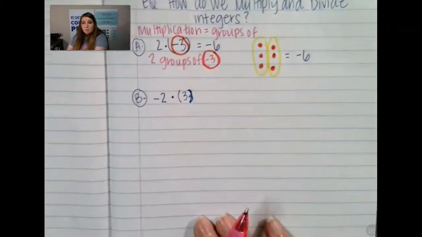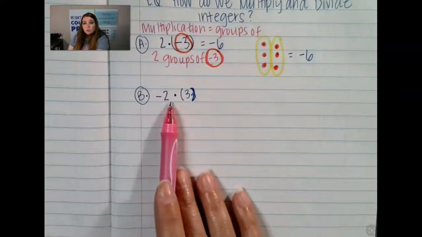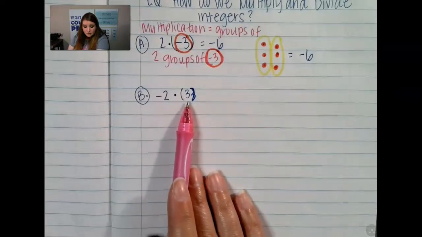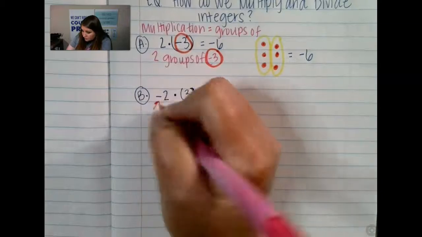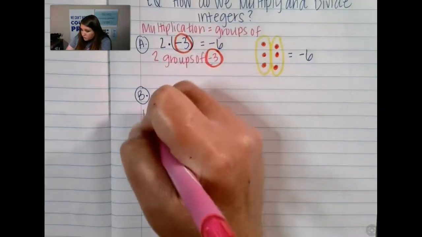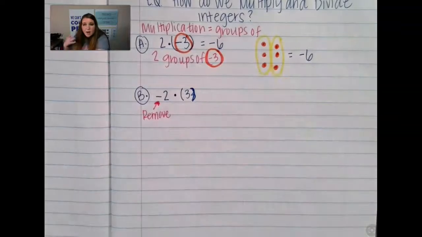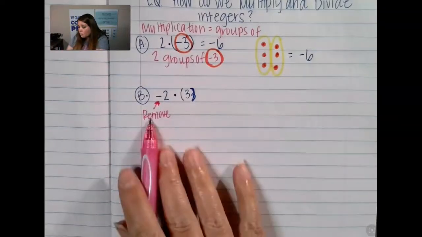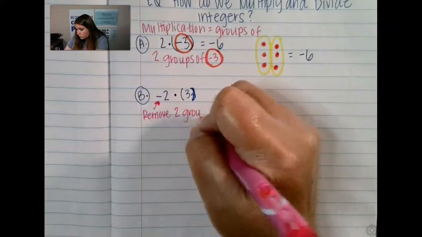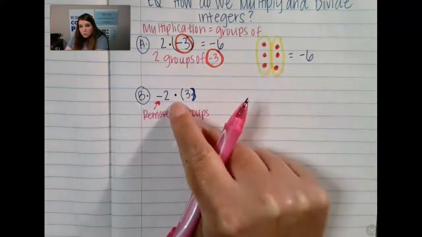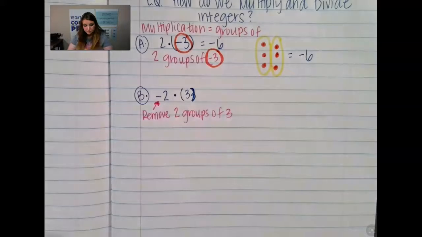So this problem says that I need to remove 2 groups of positive 3. That negative sign means to remove or take away, subtract, get rid of. So I am removing 2 groups of 3, because we're still multiplying.